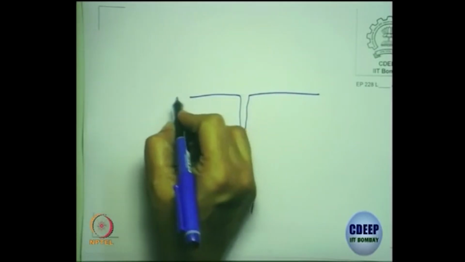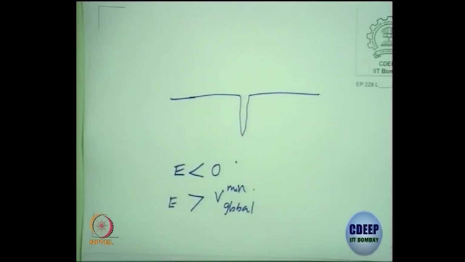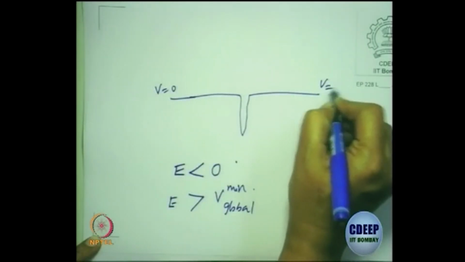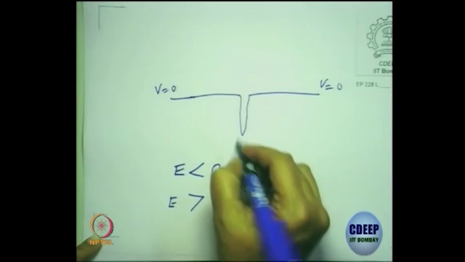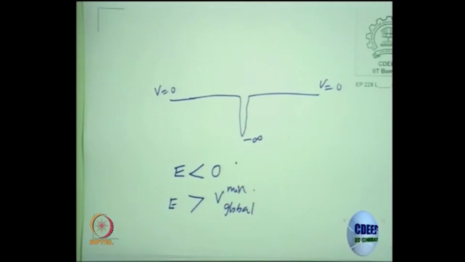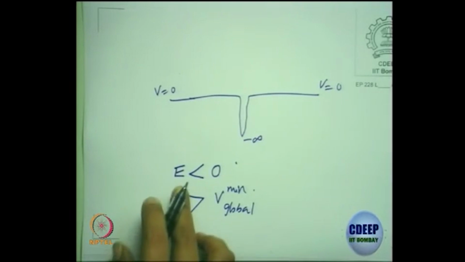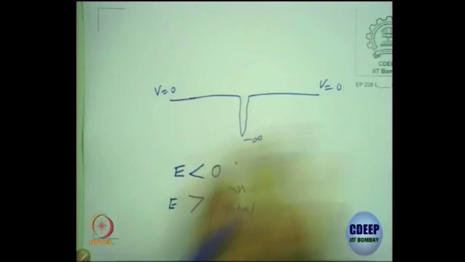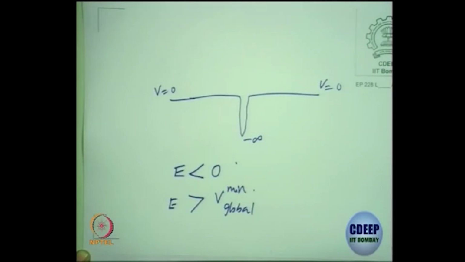At plus or minus infinity, the potential is 0, let us take. The global minimum is minus infinity. For bound states, E should be less than V at plus infinity and V at minus infinity. Is that correct?